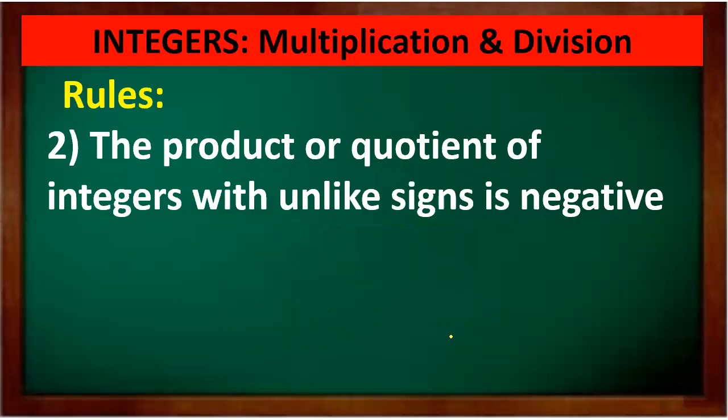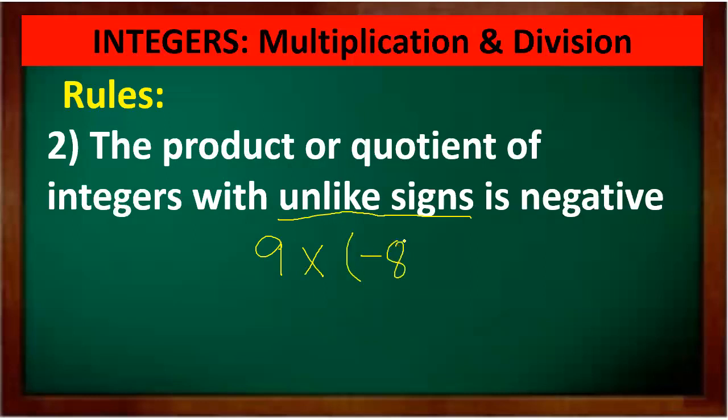Ang second rule naman natin, okay, the product or quotient of integers with unlike signs. So kung nag-multiply ka ng numbers that have unlike signs or nag-divide ka ng integers that have unlike signs, your answer will always be negative. Okay, so let's use the same numbers, 9 and 8. Say for example, you are going to multiply positive 9 with negative 8.